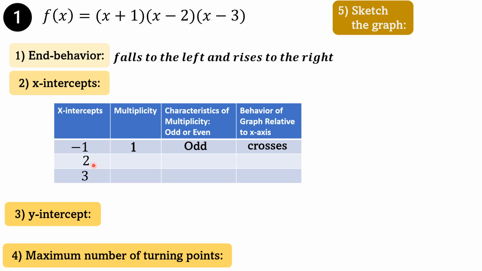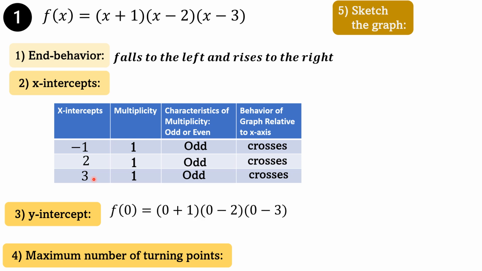Continuing, the second x-intercept, which is 2, has multiplicity 1, its characteristic is odd, and the behavior also crosses the x-axis. And 3, multiplicity is also 1, characteristic odd, and the behavior also crosses the x-axis.